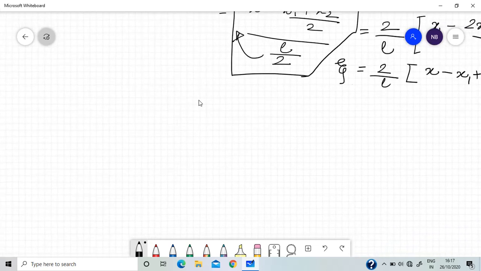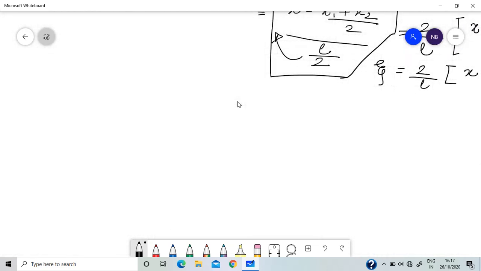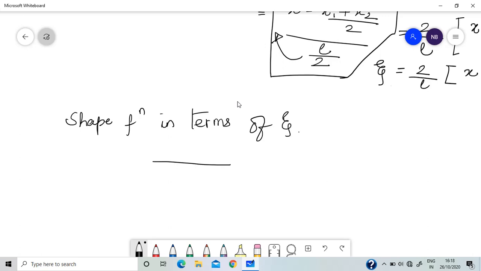Now let's find out what the shape function is in terms of the natural coordinate system, or zeta. So we have node 1, node 2. Zeta varies from -1 to +1. At the center, we know that zeta equals 0.